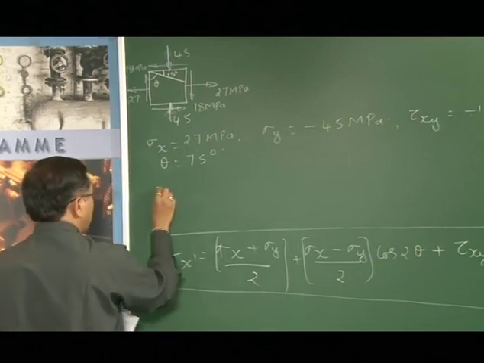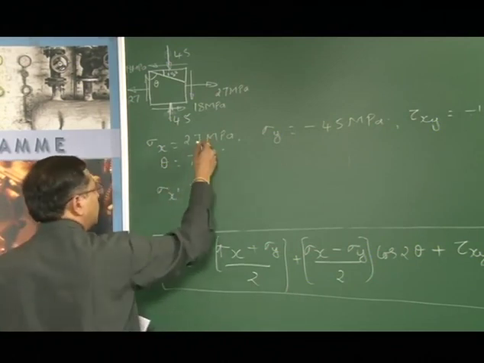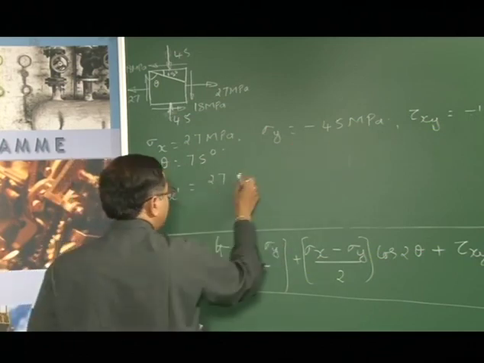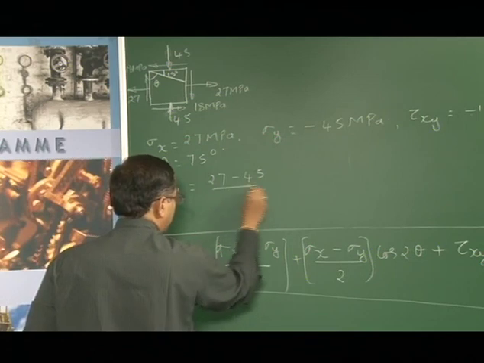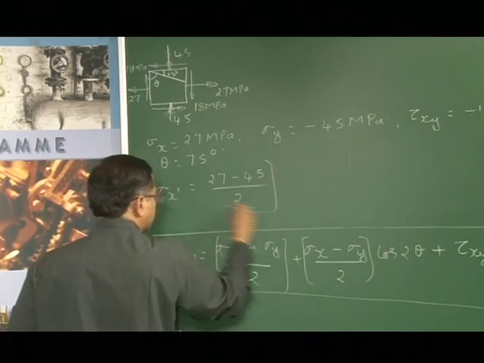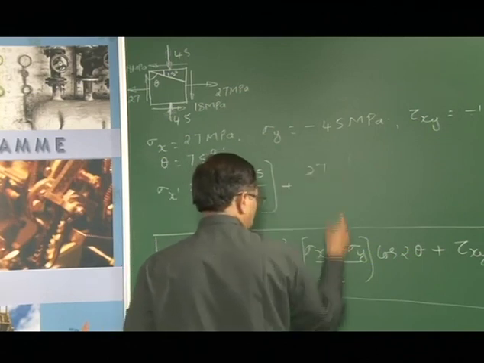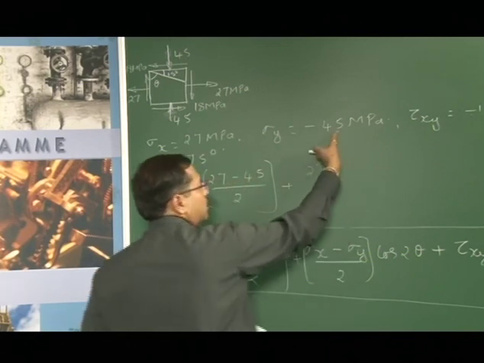So, sigma x dash equals sigma x is 27, sigma y is minus 45. So, divided by 2 from this is what we get, plus sigma x is 27. We have a negative sign here, sigma y is also negative.